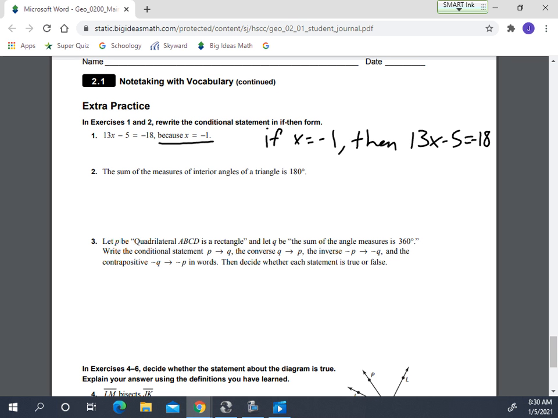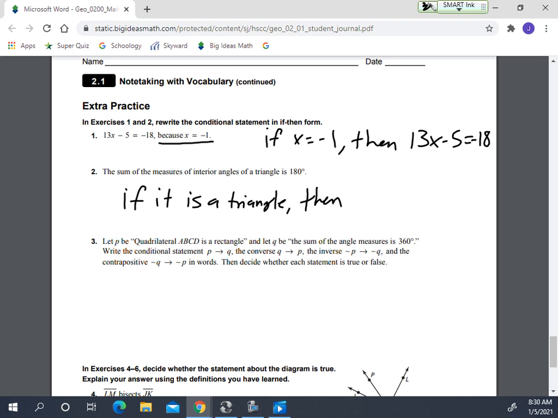The sum of the measures of an interior angle of a triangle is 180 degrees. Okay. So, how do we write this? If it is a triangle, then what?